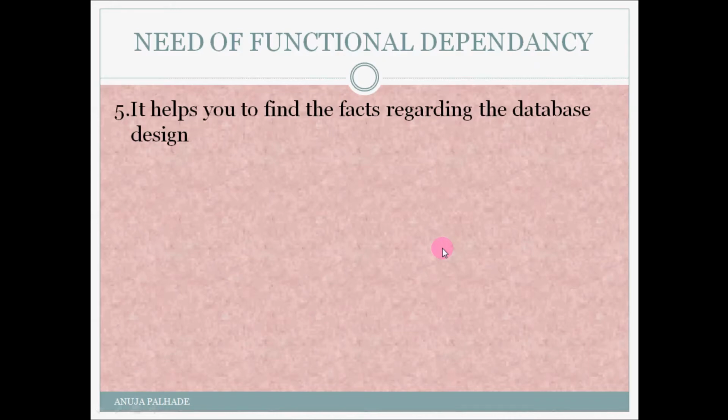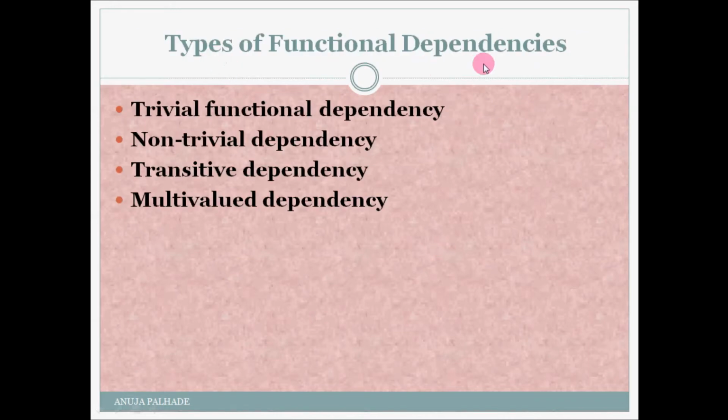Now let's start with the types of functional dependency. There are four very important types. First is the trivial functional dependency. Second is the non-trivial functional dependency. Third is the transitive functional dependency.